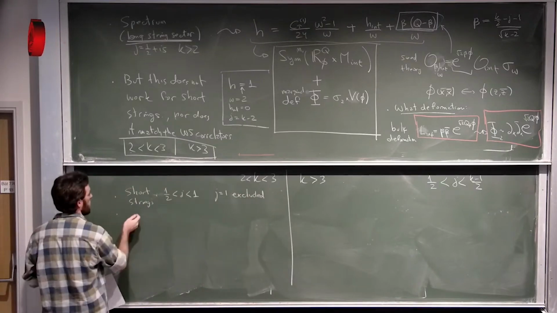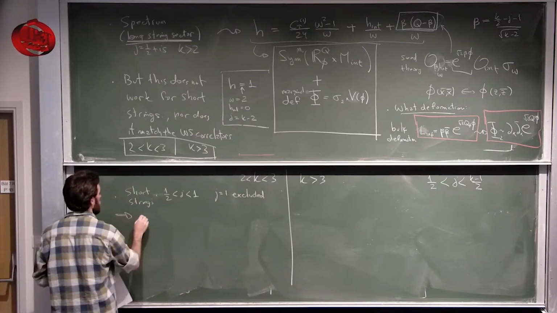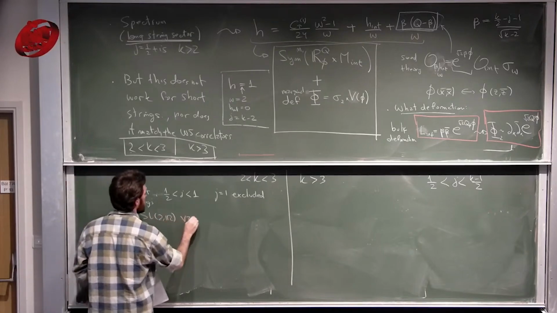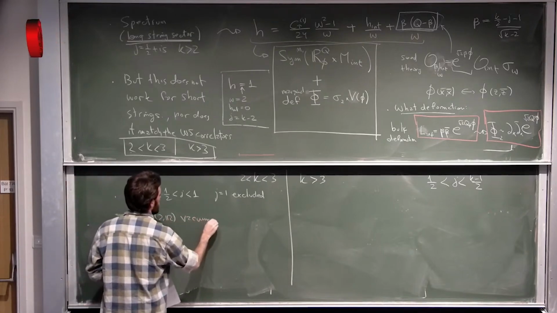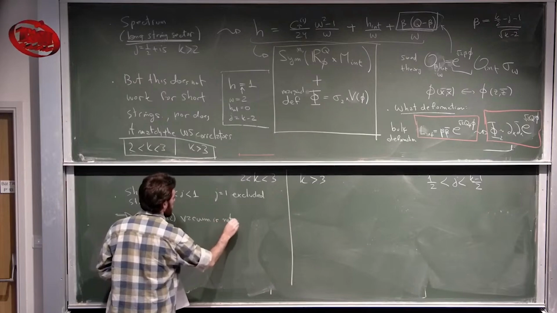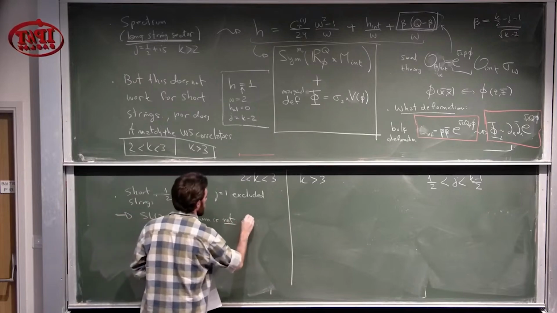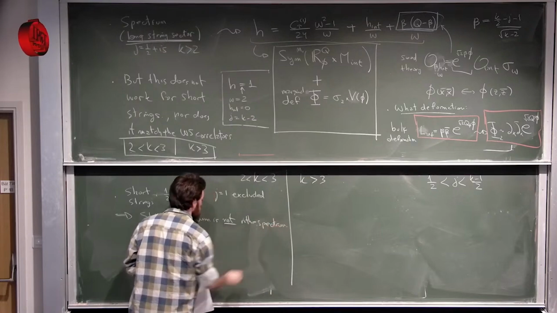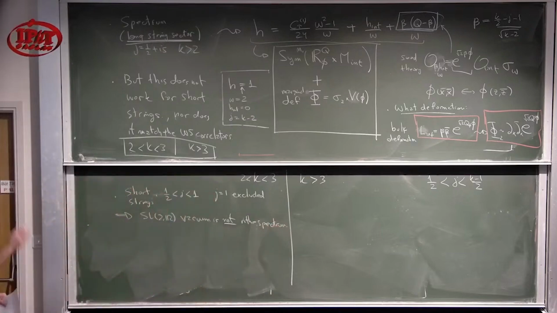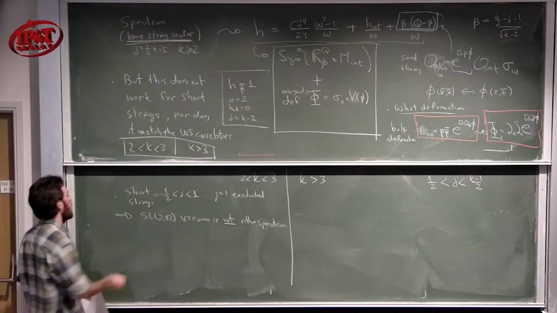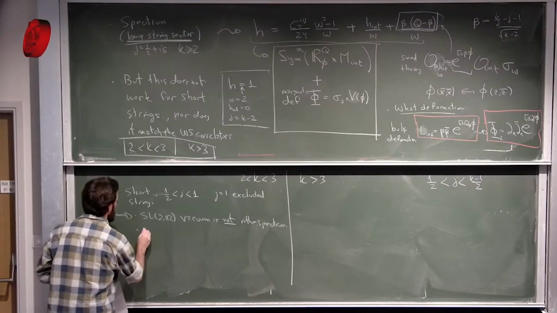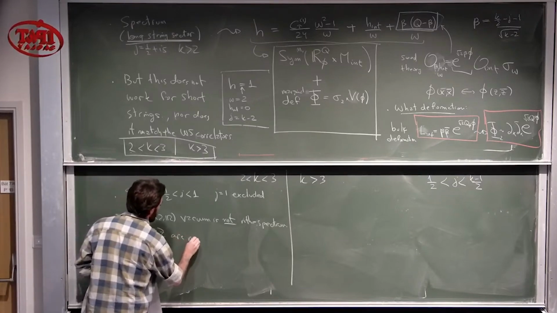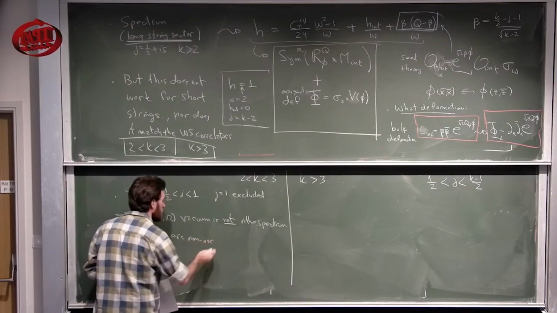And this means that the SL2R vacuum is not in the spectrum, which is something very similar to what happens in Liouville theory. Similarly, this implies that the BTZ black holes are not in the spectrum. They become non-normalizable.